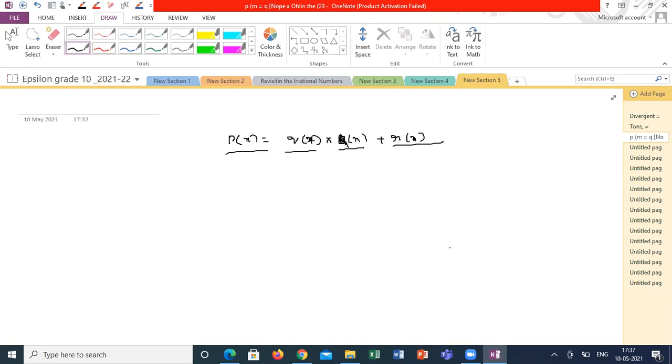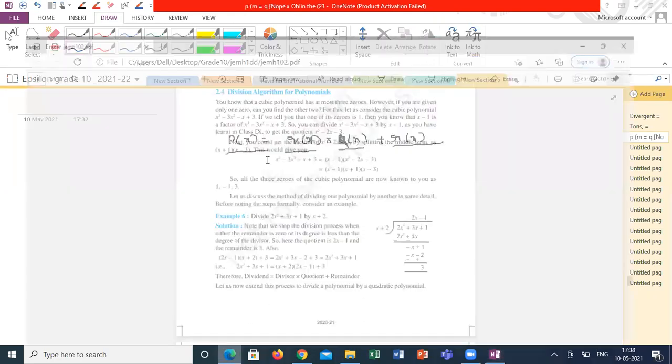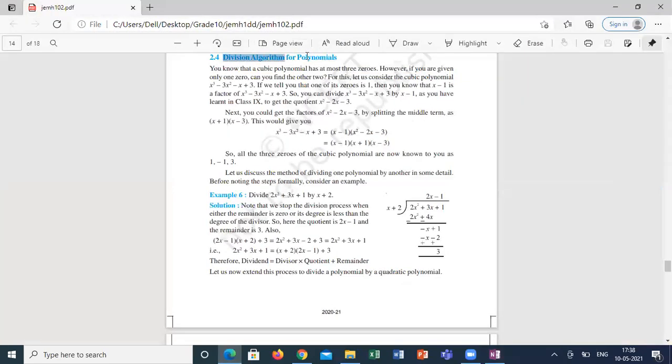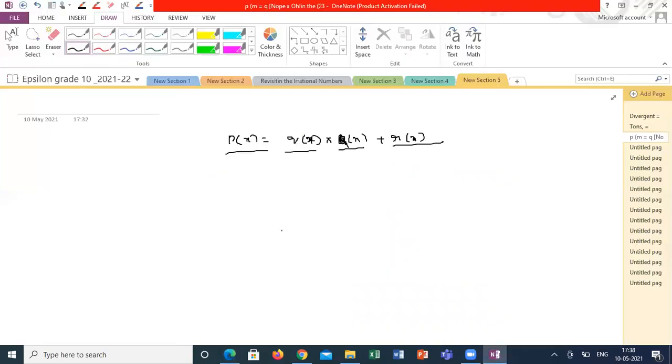Got it? This is the division algorithm for polynomials. How many people in the class know how to divide an equation with another equation? Suppose I am giving a polynomial, how many people know?